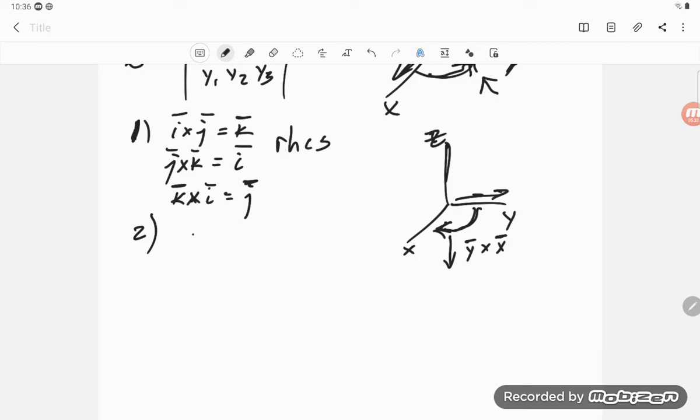Property 2 is that if you take x cross x, you get 0, but it's a vector. You get a 0 vector. And you can look at that a couple of different ways.